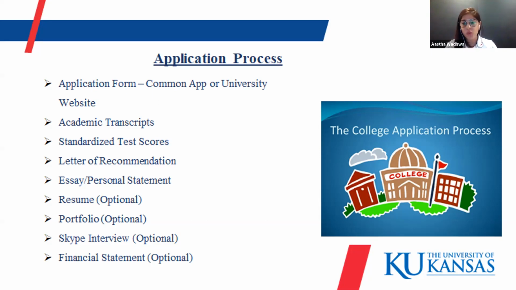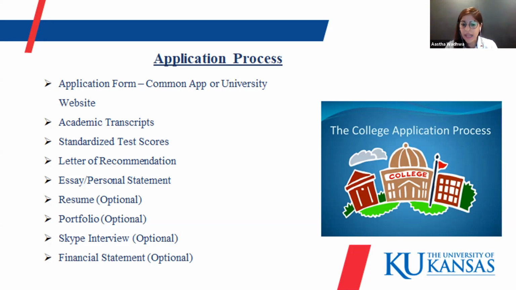So these are the things you would want to add to your letter of recommendation, and make sure whoever is writing it for you knows you very well, so that they can add all the relevant information for you. Who can write your letter of recommendation? Your principal, your teachers, your school counselor can write it. Even your personal tutor can also write the letter of recommendation for you.